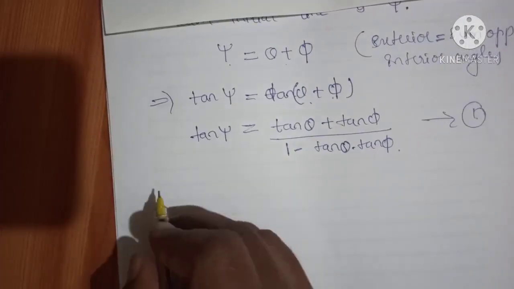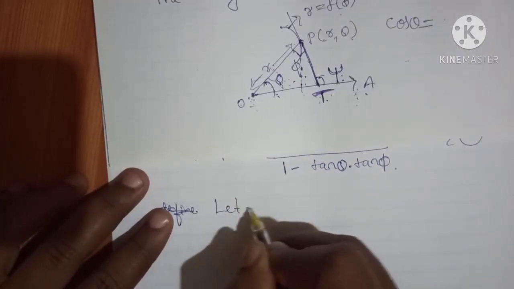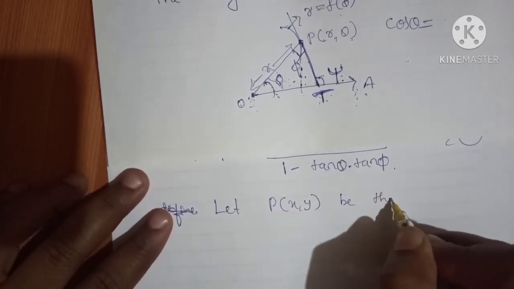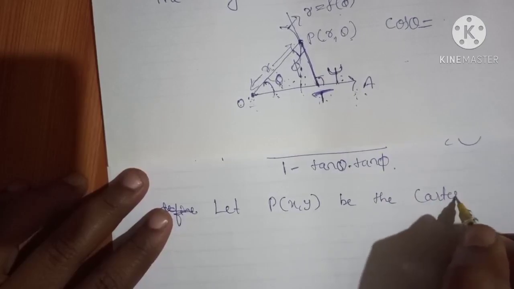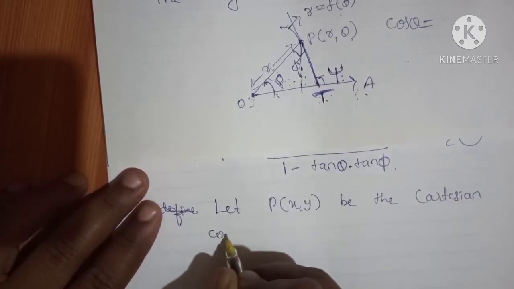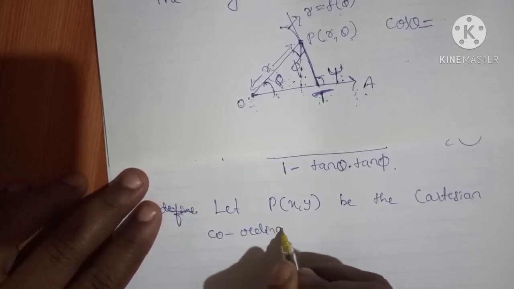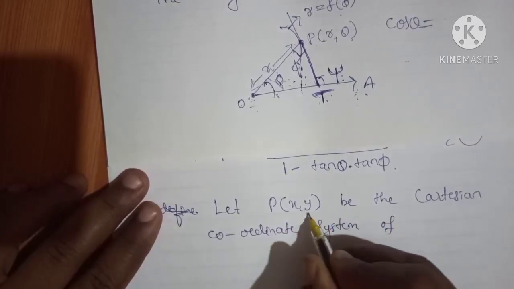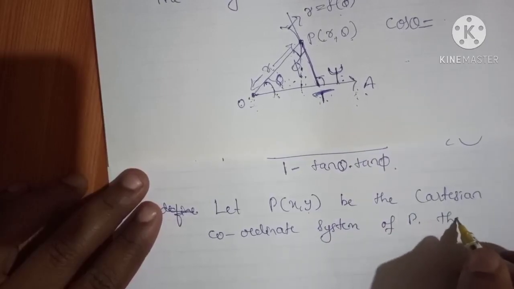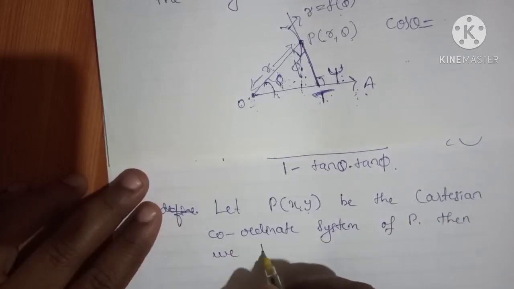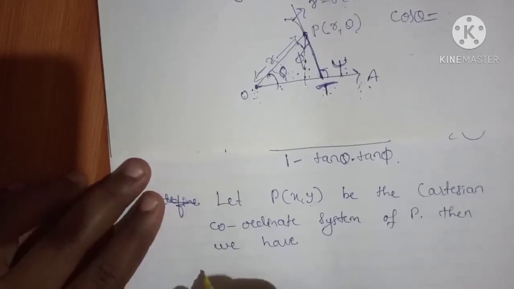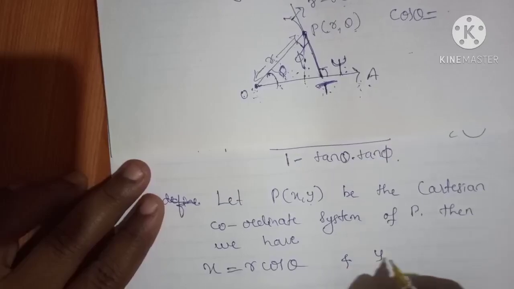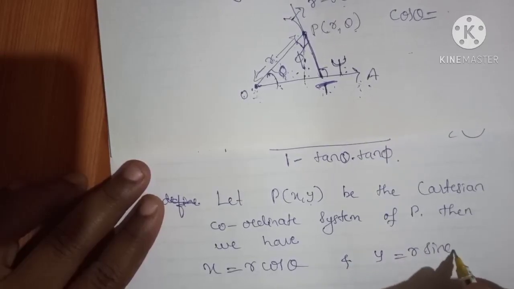Now let P equals x comma y be the Cartesian coordinates of point P. Then we have x equals r cos theta and y equals r sin theta.